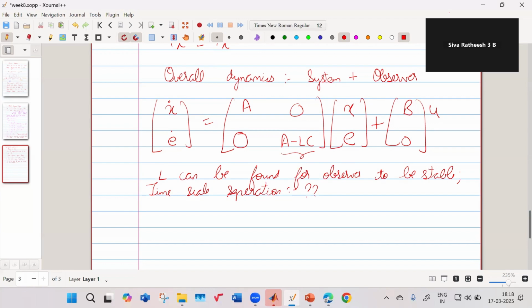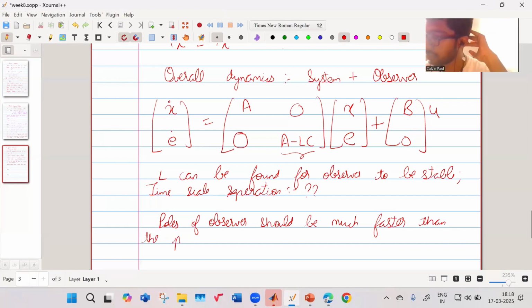Time scale separation means the poles of the observer should be much faster than the poles of your closed loop system.